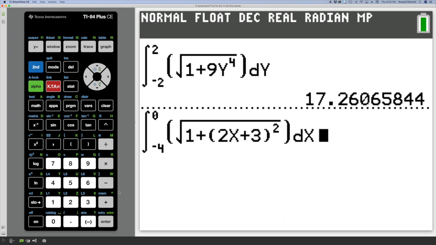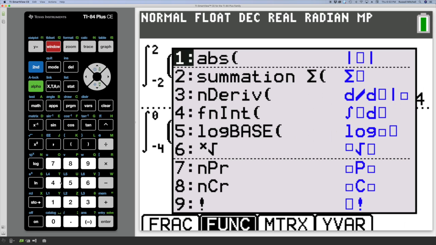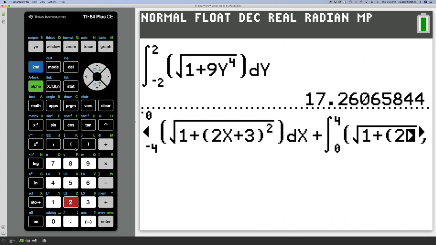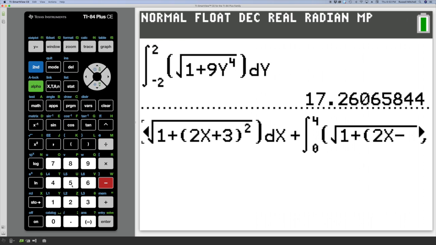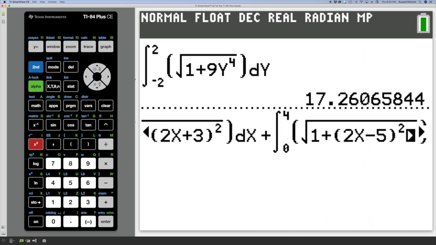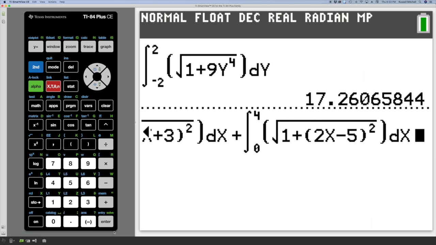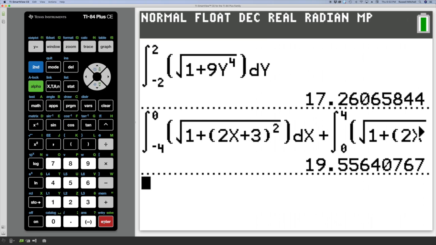And then we want to add to this the integral from 0 to 4, like I said, square root of 1 plus 2x minus 5, squared, and then dx. And press enter. And there we have it, 19.556 for our second answer.